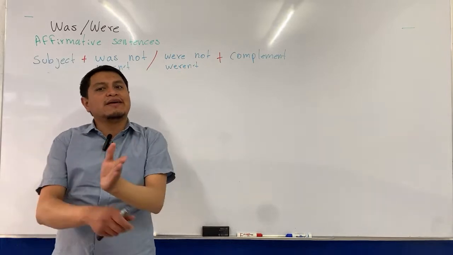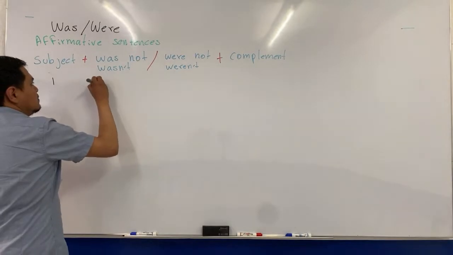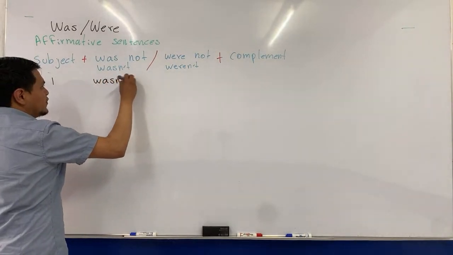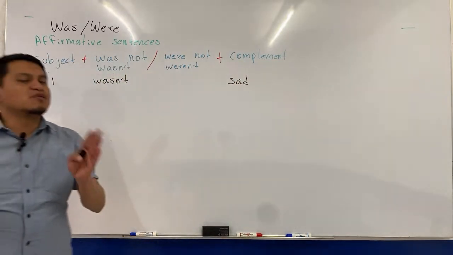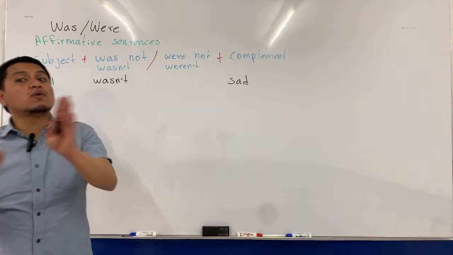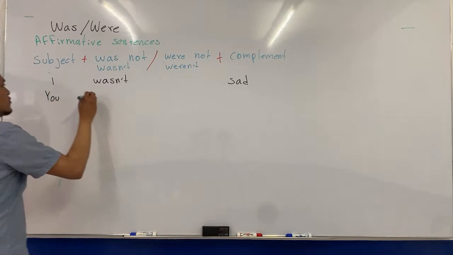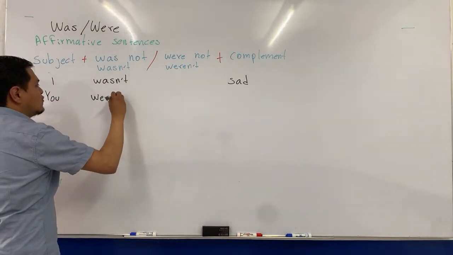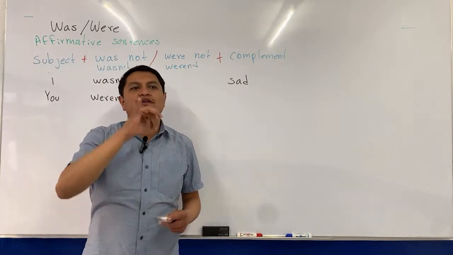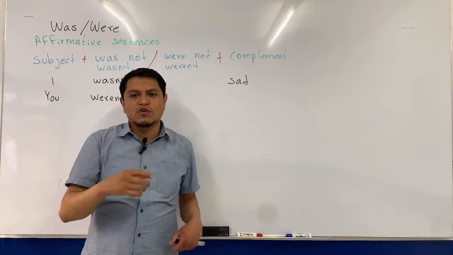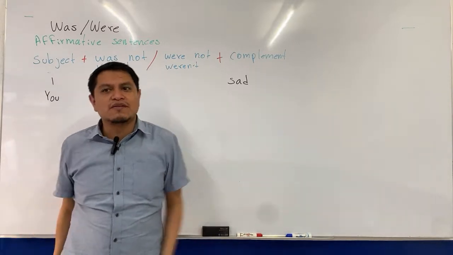For example, I wasn't sad. I wasn't sad, right? Simple sentence. Next, you weren't thirsty. In this case, thirsty is when you want water, right?